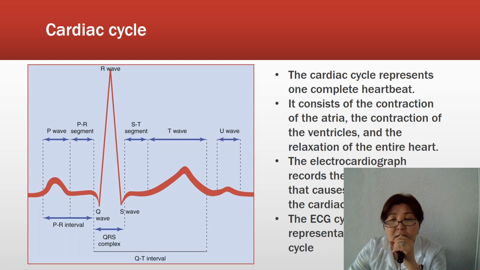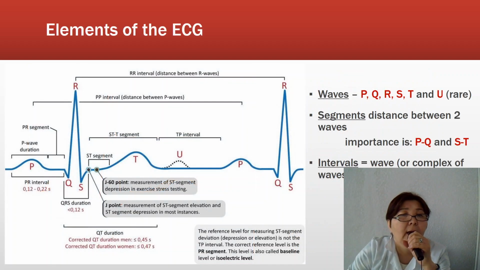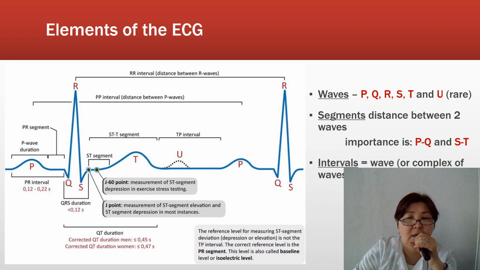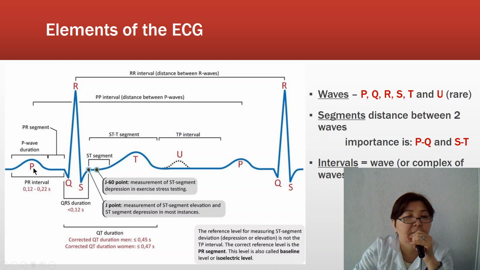The ECG cycle is the graphic representation of the cardiac cycle. Elements of the ECG are waves P, Q, R, S, T, and rarely the U wave.